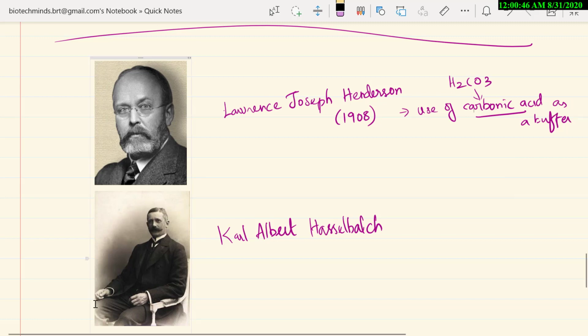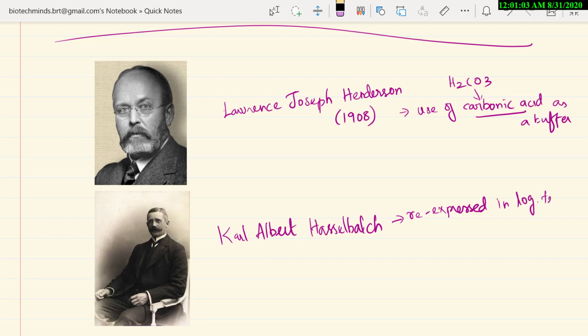Later, Karl Albert Hasselbalch re-expressed that pKa formula in logarithmic terms. So he only converted it into log terms. That is the role played by Hasselbalch.